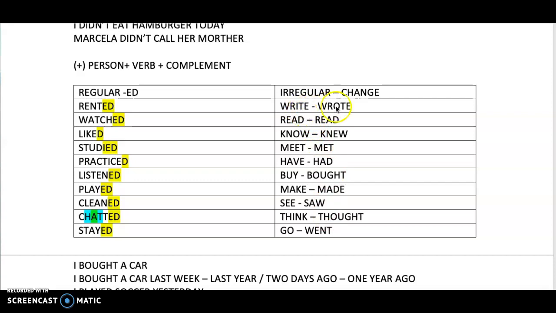Now, write, wrote, read, read, know, knew, meet, met, have, had, buy, bought, make, made, see, saw, think, thought, go, went. You can practice now in your house.